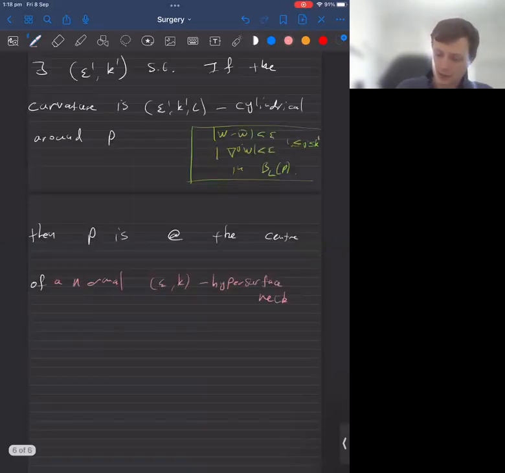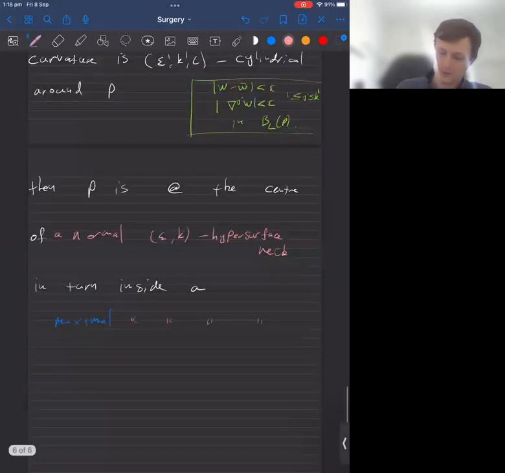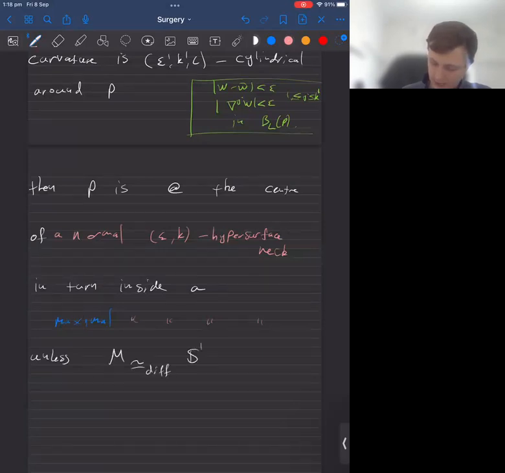And then which is in turn inside a maximal normal epsilon k hypersurface neck, unless M is actually already diffeomorphic to S1 cross Sn minus 1.